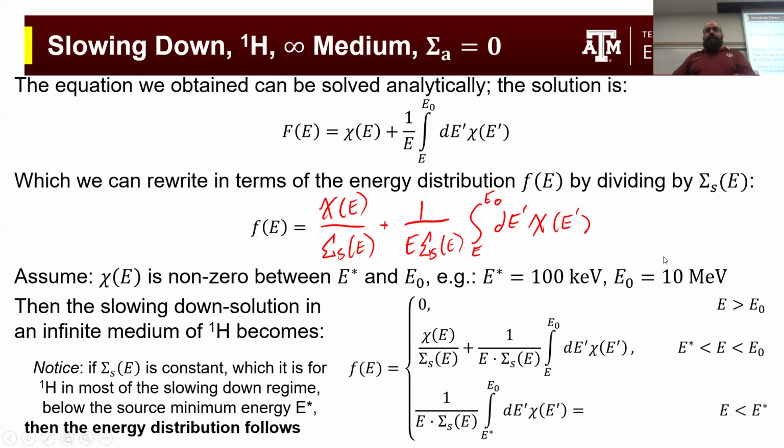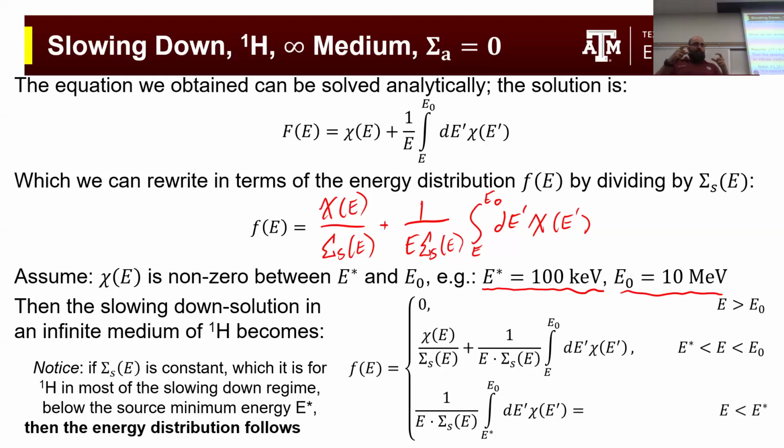And so the next thing we have to do is think about our fission spectrum. We're going to make the argument that between some energy E star and our cutoff energy E0, there are no fissions that occur outside of that energy range. If we consider the fast range and say E star is about 100 keV and E0 is 10 MeV, within that fast range we can have neutrons that are produced from fission.